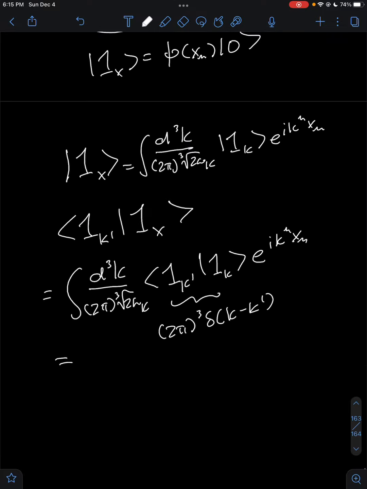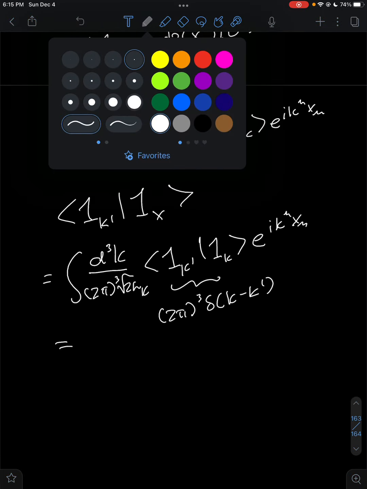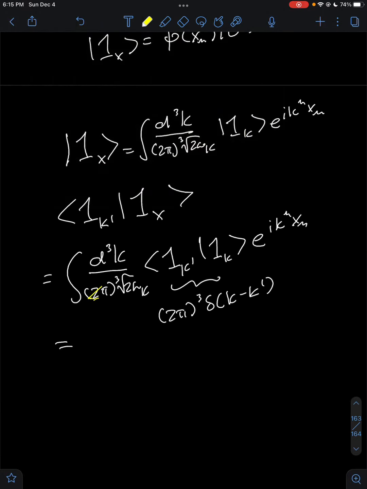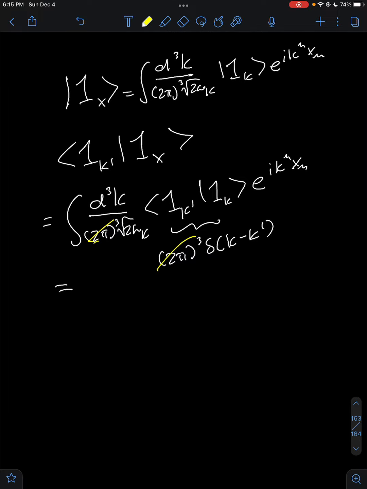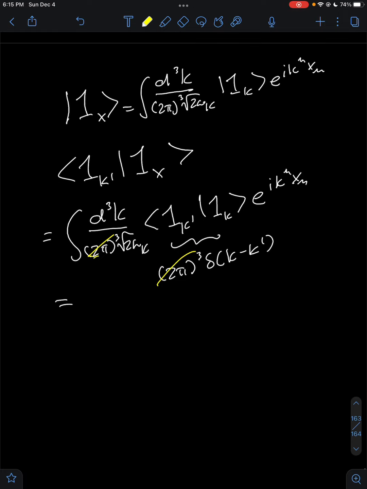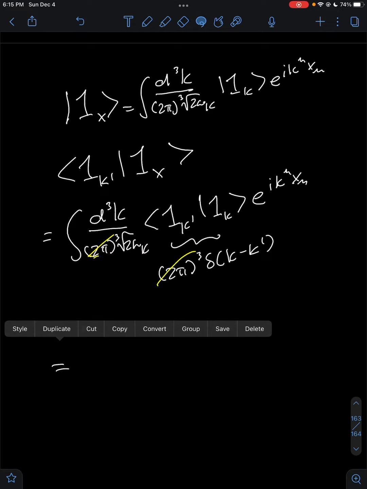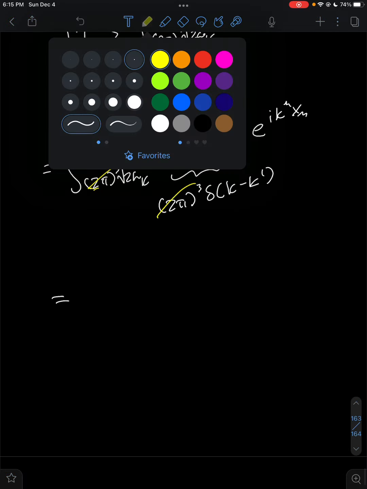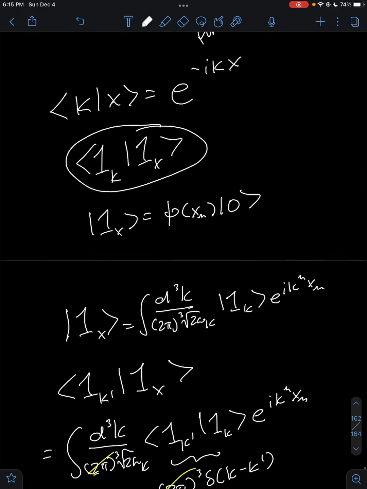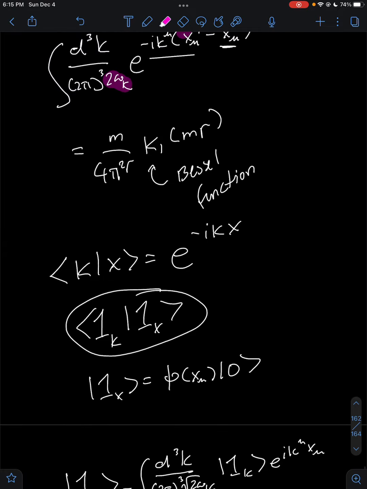So scrolling on down, these (2π)³ factors cancel out. And then we can just let k equal k prime. So that's just going to give us our answer as being e to the i k mu x mu. So yeah, this should be a positive ikx. Cool.